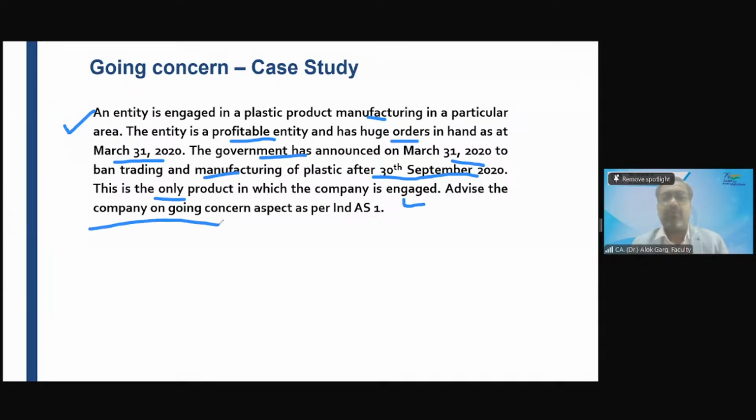Advise the company on going concern aspect as per Ind AS 1. Friends, the entity was profitable in plastic manufacturing, with huge orders on 31st March 2020. But the government has announced on the reporting date to ban trading and manufacturing of plastic after 6 months. This is the only product in which the company was dealing.